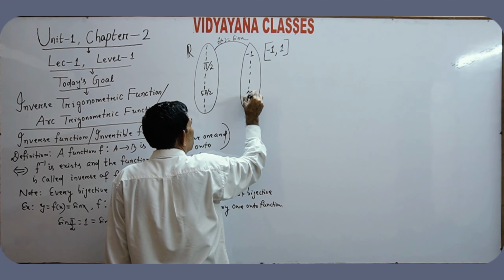Sin pi by 2 is 1, and sin of another angle is also 1. So f is a many-one onto function.